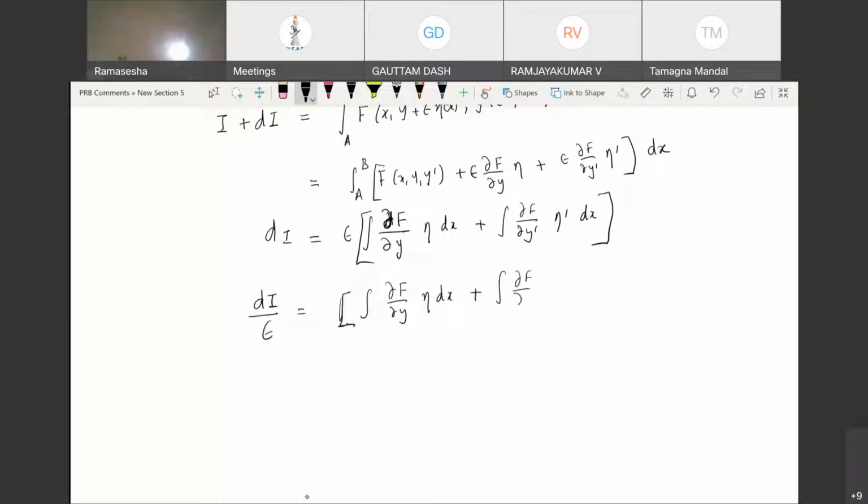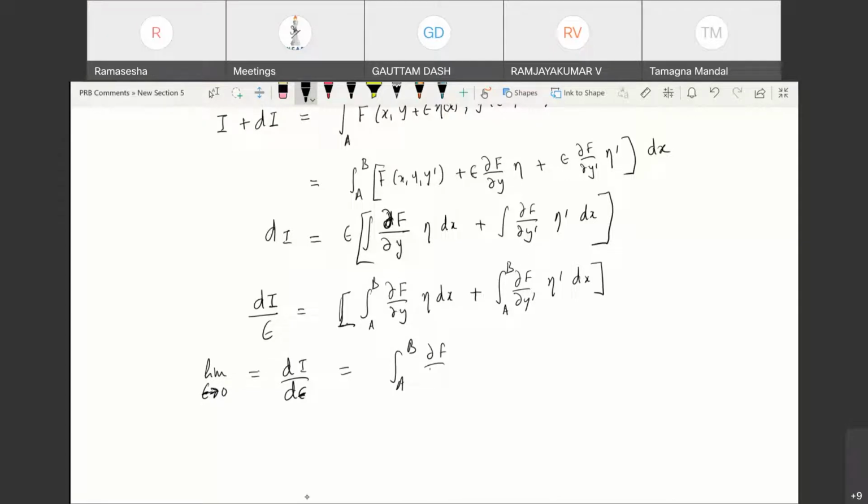And the limit as epsilon tends to 0 will give me dI by d epsilon, which is equal to the integral from a to b of del f by del y eta dx plus the integral from a to b of del f by del y prime eta prime dx.